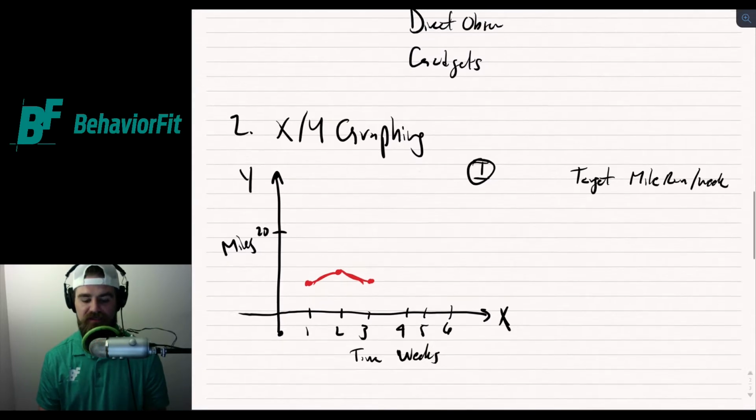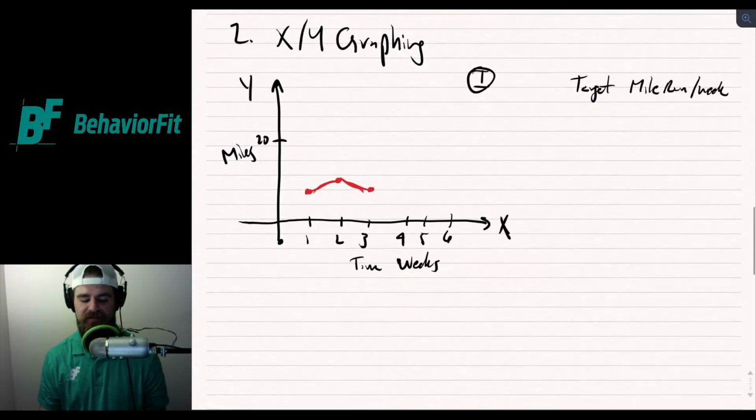But again, we want to take those behaviors that we measured on the gadgets and put them on an XY graph. Most apps nowadays have this feature of graphing your data on an XY plane, or they sometimes slap it in a table and say your average was this this week and it was up or down since last week.